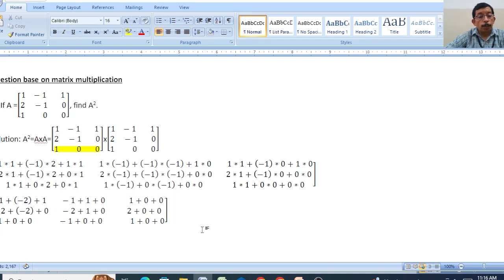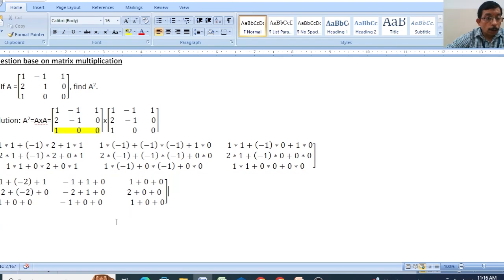So multiplication is complete now. Solve in the next step for the similar matrix.